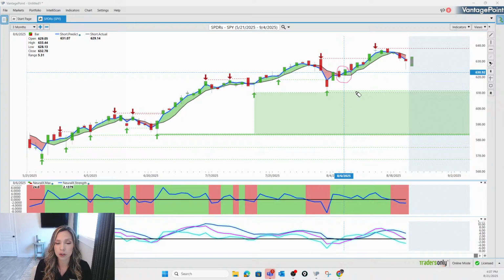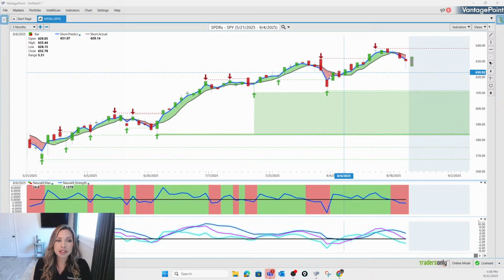So here's our first point where we have that green trend occurring. Then is our neural index green? And yes, we can see that's green as well. And then of course our predictive differences are also trending up in this case as well, giving us nice confidence of that potential for the bullish trend to resume. And I say resume because of course we did have a bit of a pullback here.